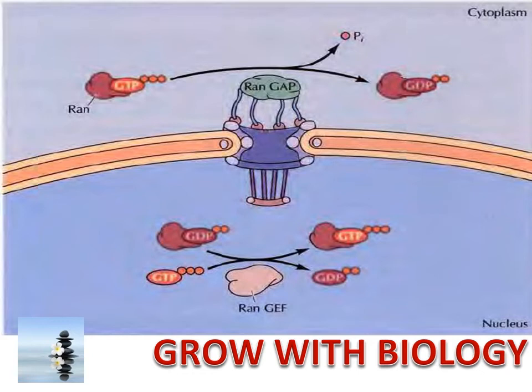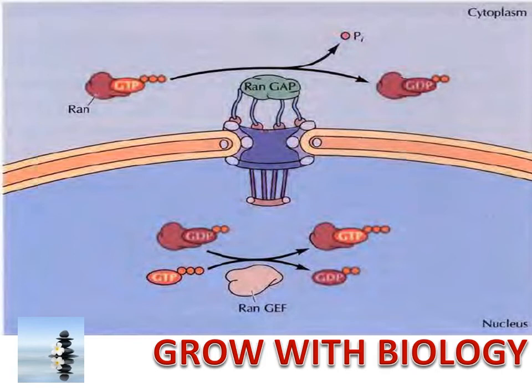Now what is this RAN GAP? RAN GAP is a GTPase activating protein. So it will break down the GTP and convert it into GDP. RAN GAP will convert RAN GTP to RAN GDP, whereas inside the nucleus RAN GDP will be converted by RAN GEF, that is RAN guanine nucleotide exchange factor, to RAN GTP.